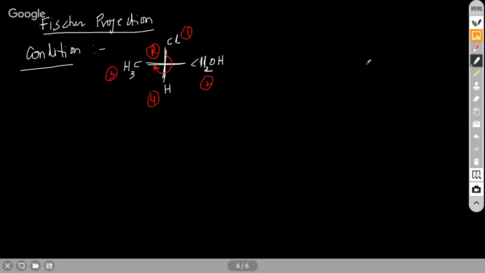Can you tell me what is the configuration of this molecule? Configuration of this molecule, you tell me.